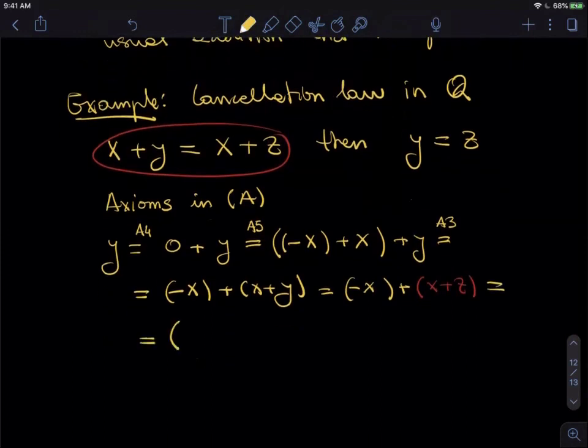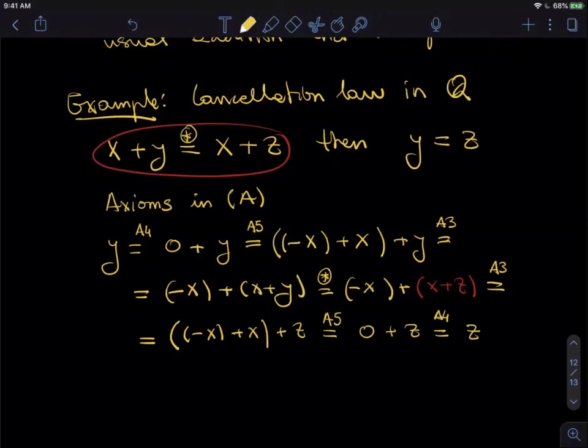We can use the associative property. That's A3. Okay, so A3 says we can move the parentheses, and we have here property A5, the inverse, which gives 0 plus z, and this is A4. This means the identity says this is equal to z.